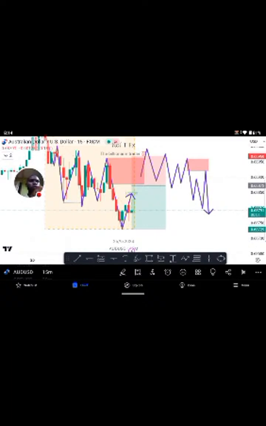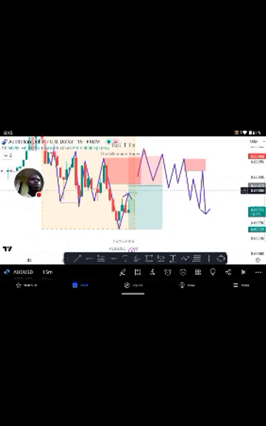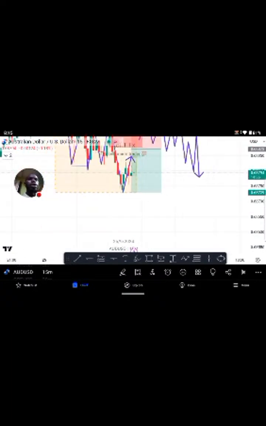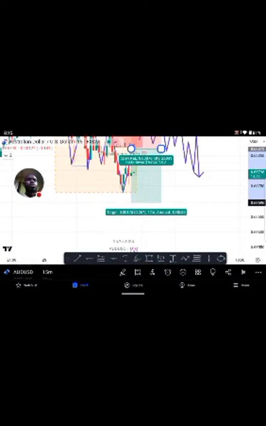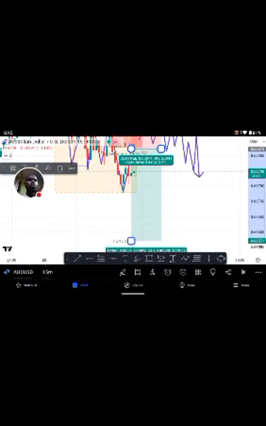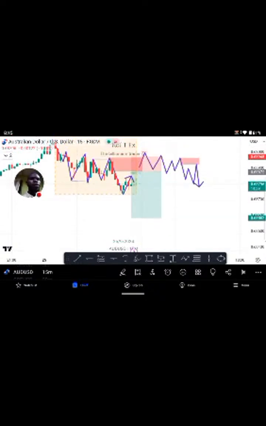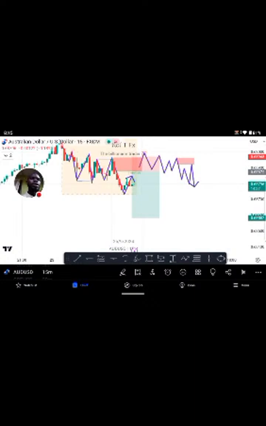But for me, my target is usually 3RR. So there is tendency for price to take out the low, then reverse.